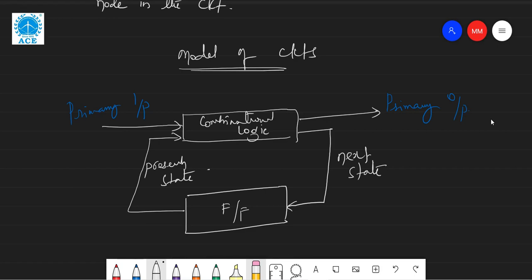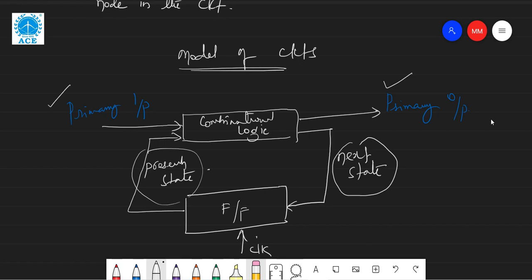Now these are the primary input and primary output. In this circuit, for the flip flop, we have a clock. If we apply a flip flop or memory device, the next state becomes the present state.